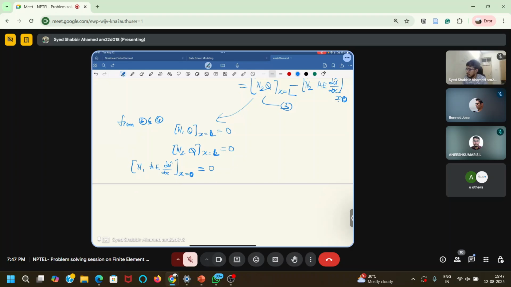And N2 into AE into dU by dx. Sorry, I have messed up this. Yeah, it's fine. dU cap by dx at x is equal to 0, and this will be equal to our q, whatever we take.